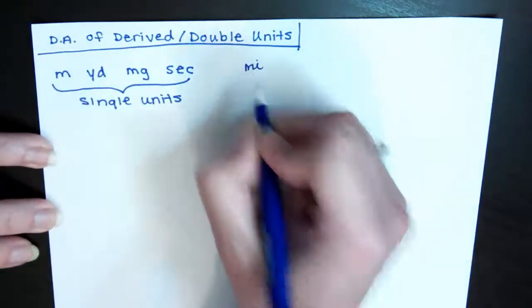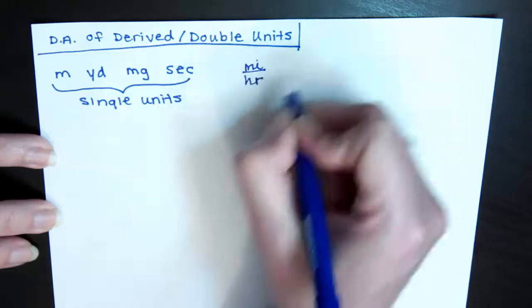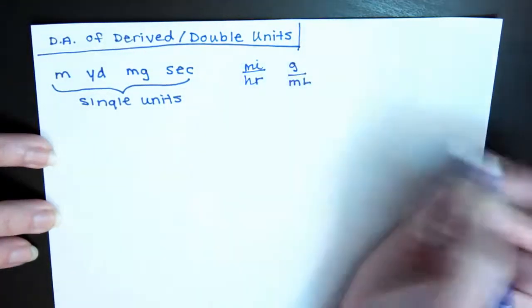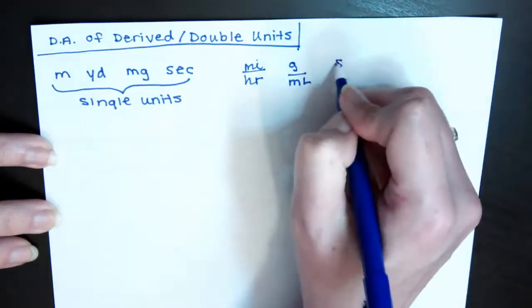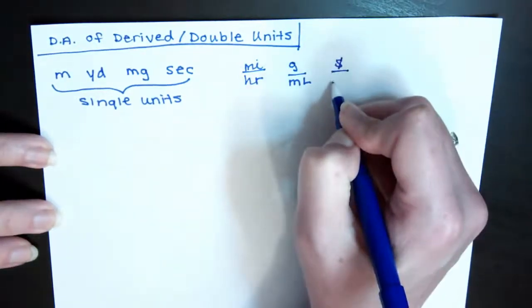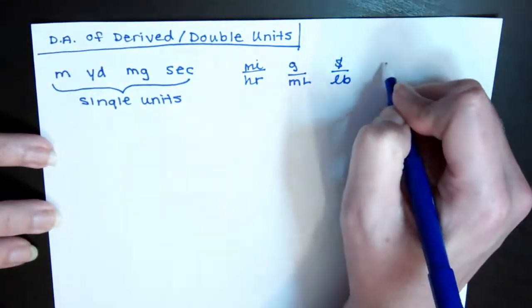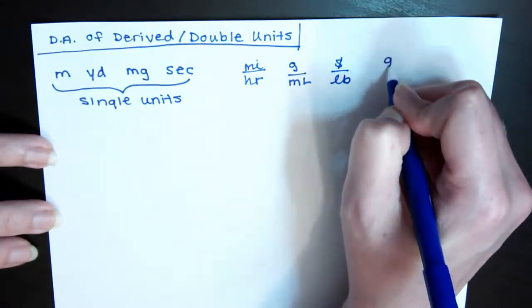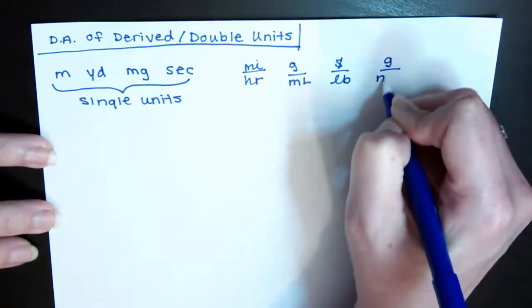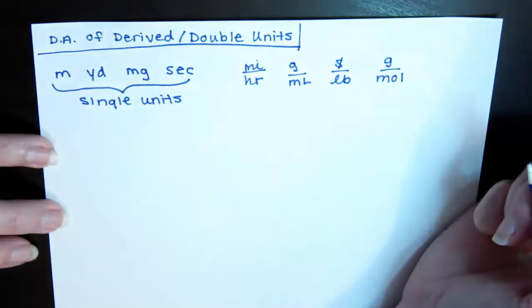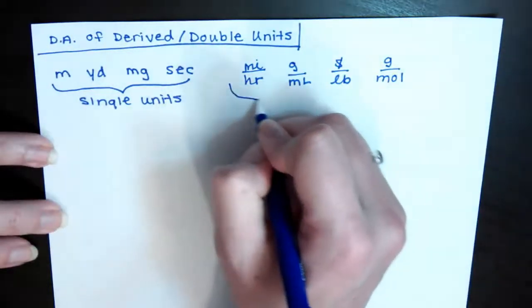Something like miles per hour or grams per milliliter, or maybe you're at the store and it's dollars per pound for apples. Or a very commonly used one in chemistry is grams per mole. That's how we weigh a whole bunch of atoms at one time.